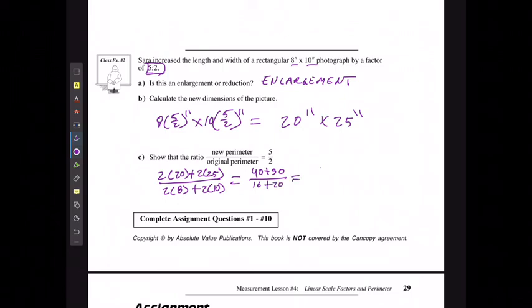That's going to give me 90 over 36. I can divide both of these by 18 on the top and the bottom, which gives me 5 over 2.